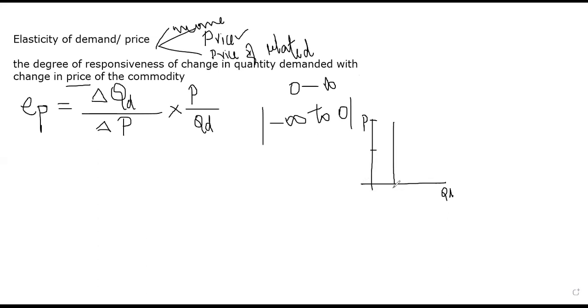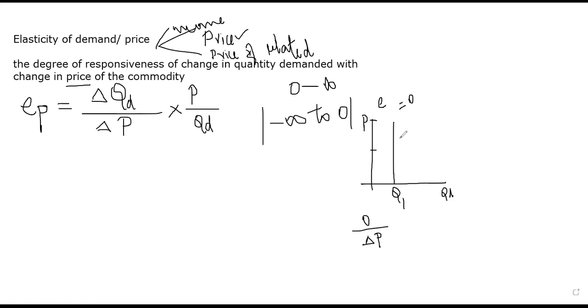You are planning to buy a certain fixed quantity of the commodity, even if the price of the commodity is changing to a large extent. That means the numerator will be 0, right? There will be no change in quantity, but obviously you can find change in the price. If the numerator is 0, your answer will be 0. So if elasticity is equal to 0, it only indicates that you have a vertical straight line demand curve.